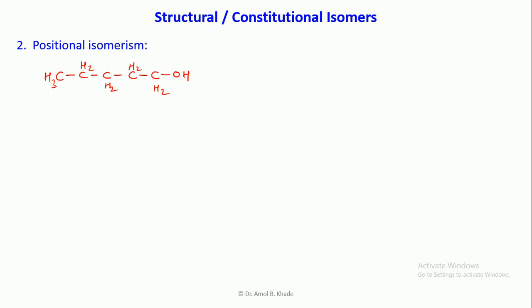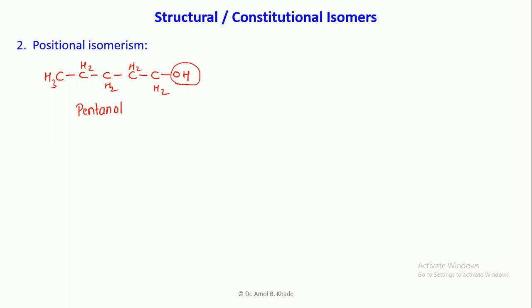So can you write the name of this structure? It is 1, 2, 3, 4, 5. It is a pentane and there is an OH group. So it is an alcohol. So alcohol will have the ending of -ol. So I can refer to this as pentanol. Okay, this is a pentanol.